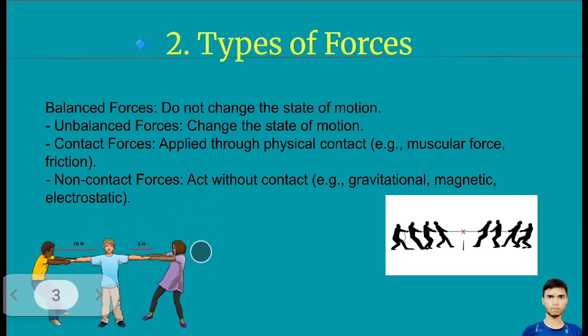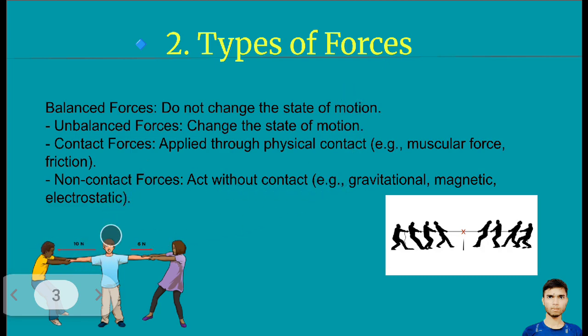So now what will happen? The object will move to this side or this side. The case is pulling. So in the case of pulling, the object moves to the side where the amount of Newtons is more. Here you can see that on this side the amount of Newtons is more, that's why this person will come into motion on this side.